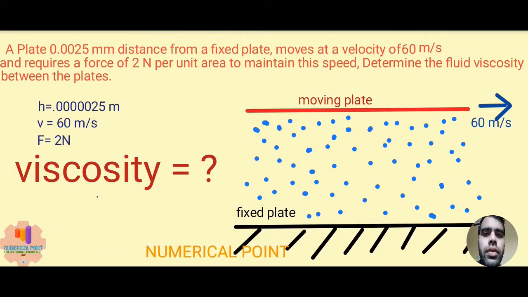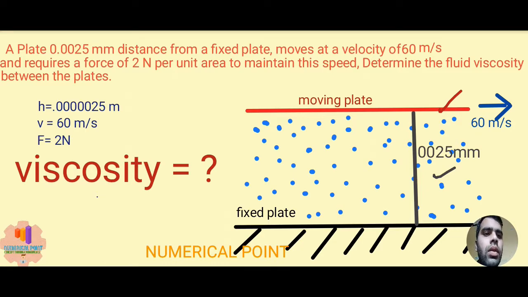So guys, this is our first question. A plate is at a distance of 0.0025 mm from a fixed plate. This is the height that is given, 0.0025 mm.